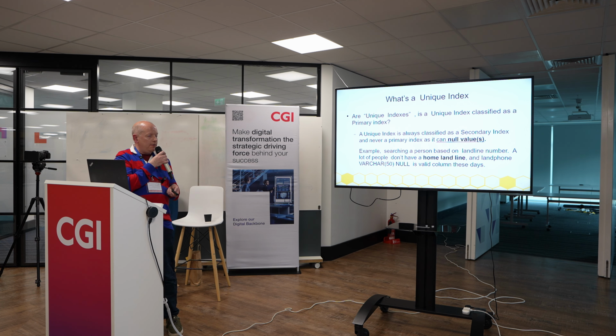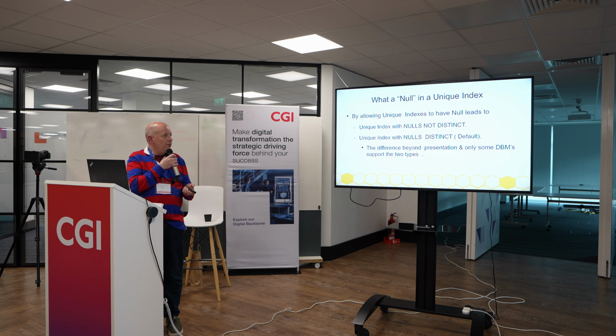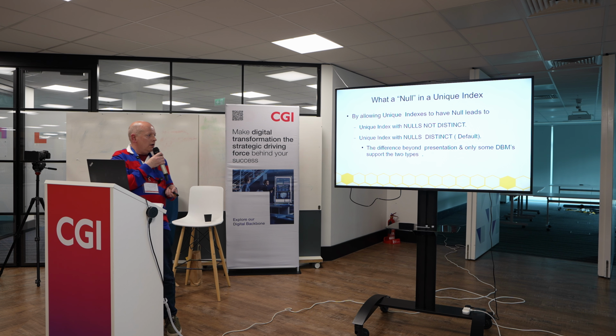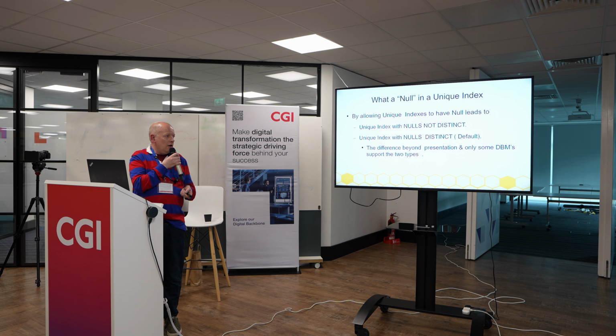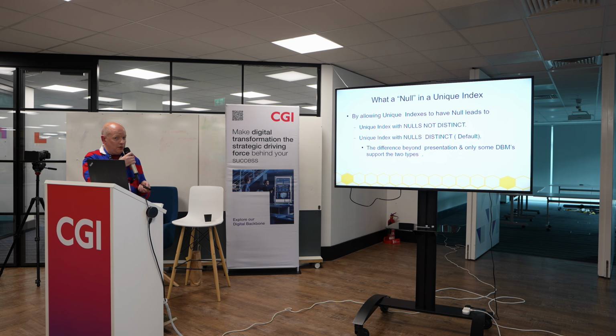A lot of people don't have home landlines anymore, and a null landline varchar is valid, common for these days. Allowing unique indexes to have nulls leads to unique indexes with nulls not distinct, and unique indexes with nulls distinct, the default; this is just beyond the scope of this presentation.